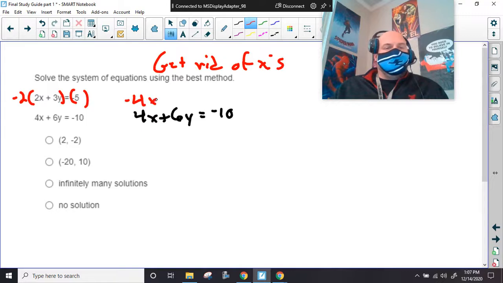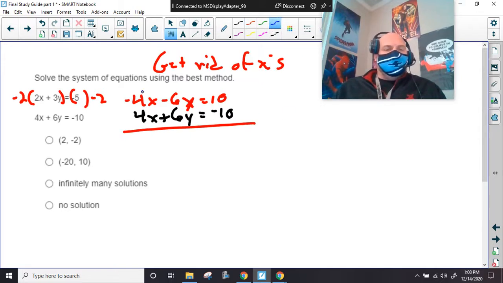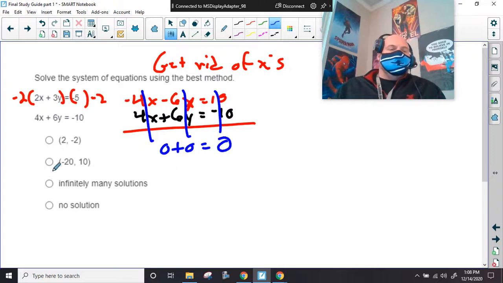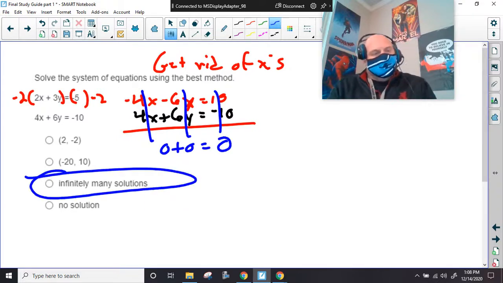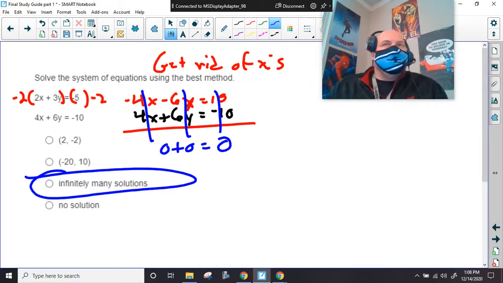If I want this to be a negative 4x, I have to multiply everything by negative 2. So minus 6x and then 6y, check that, and plus 10. All right, I love it. I get 0 plus 0 equals 0, which is infinitely many solutions. When you get a true statement like 0 plus 0 equals 0, it's infinitely many, or IMS.